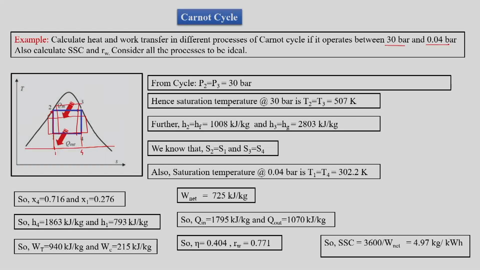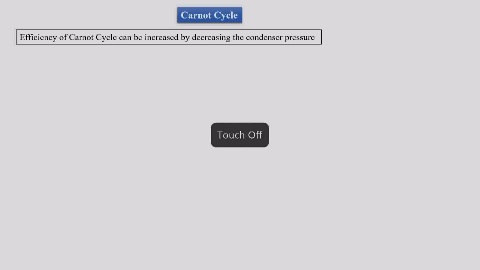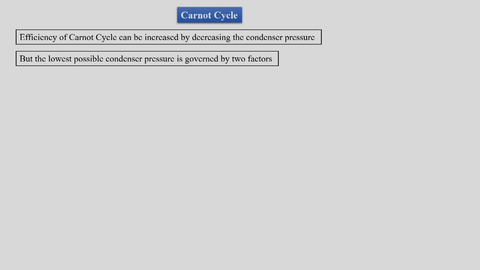If we decrease the condenser temperature, then we can increase the efficiency of the Carnot cycle. But the lowest possible condenser pressure has a limit.